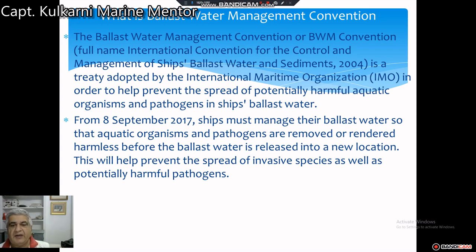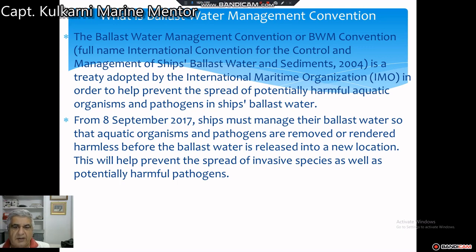From September 2017, ships must manage their ballast water so aquatic organisms and pathogens are removed or rendered harmless before ballast water is released into the new location. When the ship is traveling from one location to another, aquatic organisms and pathogens are taken up.